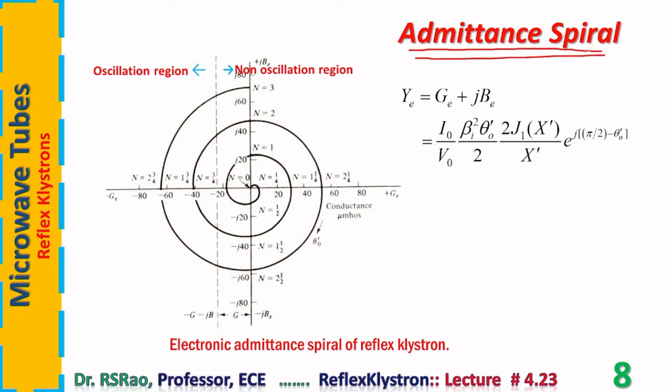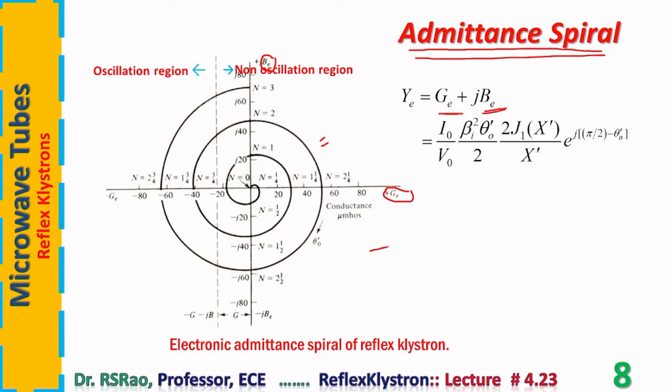Now we move to admittance spiral. Admittance spiral is a graph. It is a graph between GE, real part of electronic admittance, and BE, imaginary part of electronic admittance. GE on horizontal axis, BE on vertical axis. If the relation is sketched, we get a spiral.